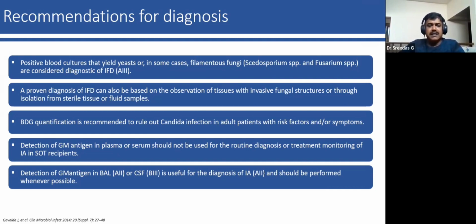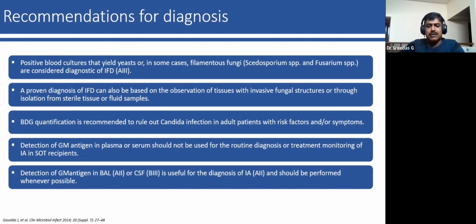Now, beta-D-glucan is a polysaccharide. Quantification in serum is recommended for ruling out Candida infection in adults with risk factors and symptoms suggestive of invasive fungal infections. Detection of galactomannan antigen in plasma or serum should not be used as a routine diagnosis or treatment of invasive aspergillosis in transplant patients.